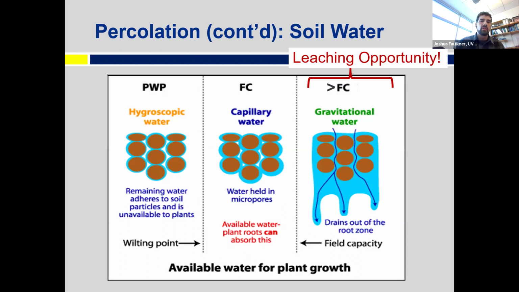And then after they're done utilizing water, we've reached our permanent wilting point, and there's still water held within the soil. If you imagine that sponge, after you wring it out as much as you can, it's still moist. But that's hygroscopic water, and that's water that can't be accessed by plants because it's held too tightly within the soil pores.